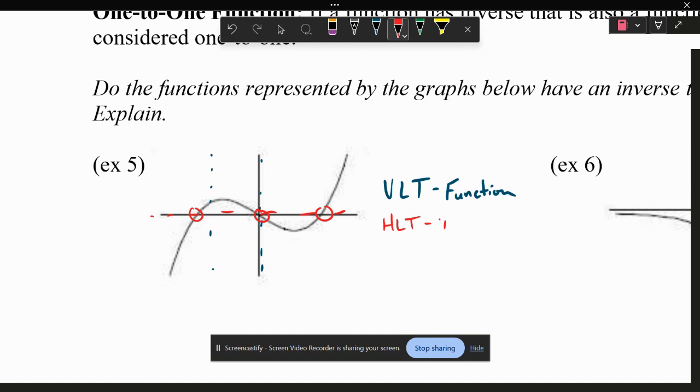HLT, inverse, not a function. Get it? Try example 6. See if you can do example 6 on your own. You might want to pause the video.